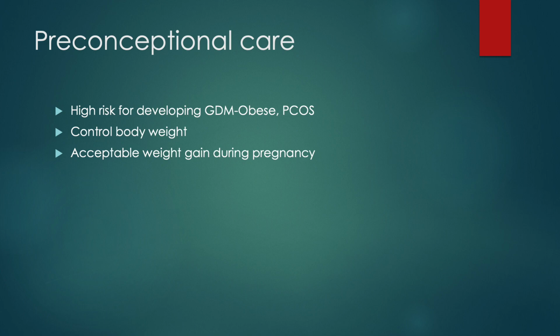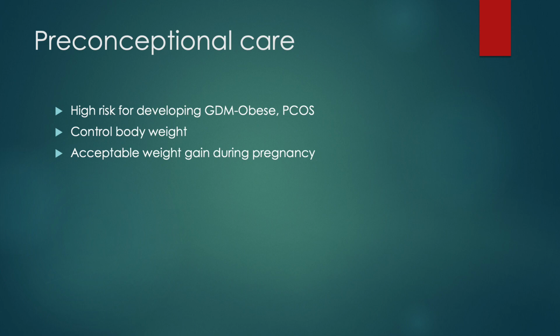Women who are likely to develop GDM in pregnancy will benefit from preconception care. Those women who are obese, having PCOS, or a previous history of GDM in the first pregnancy, or a history of preterm labor, term intrauterine death, stillbirth, neonatal death, or a delivery of a baby weighing more than 4 kg.